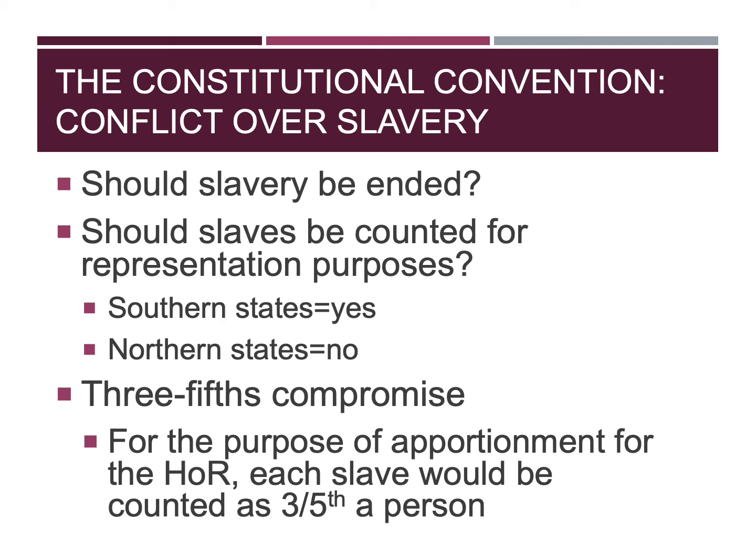Don't get confused. That doesn't mean people who are held in slavery have voting rights, that their vote is worth three-fifths. That's not what that is. It's only for counting up population. And so those are the ways in which those conflicts over slavery were resolved. Not really resolved, but dealt with.